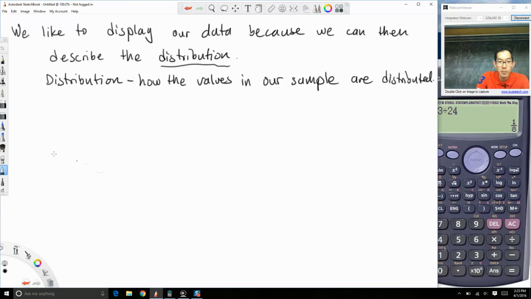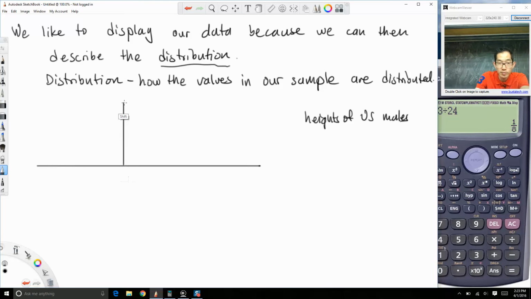Okay, and so perhaps we could look at the heights of U.S. males. Okay, and it looks something like this.